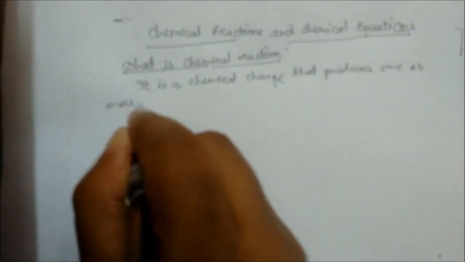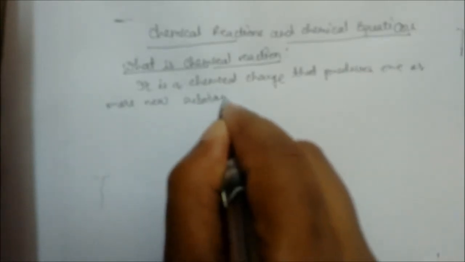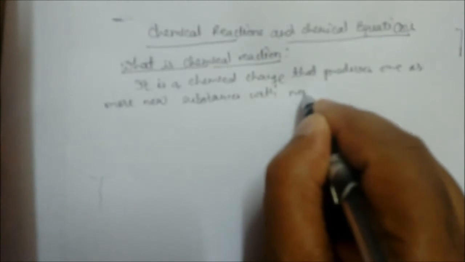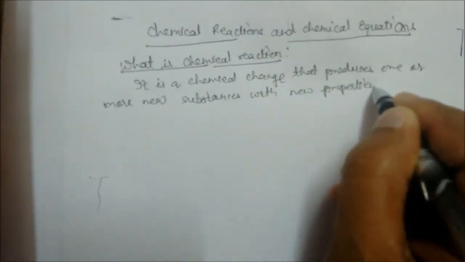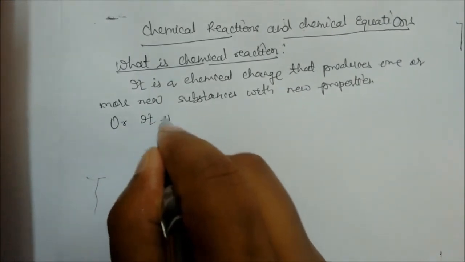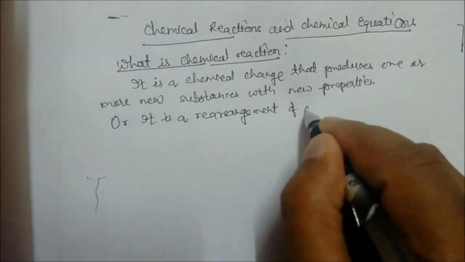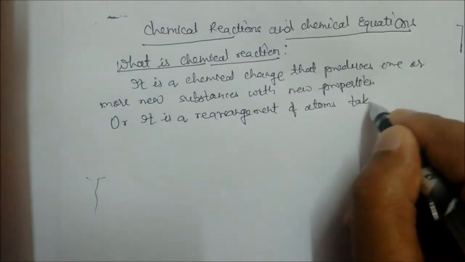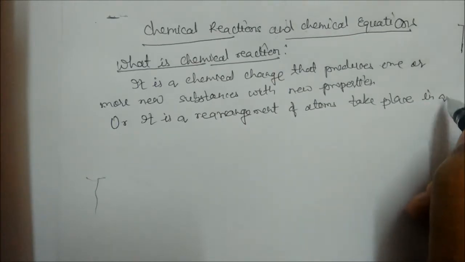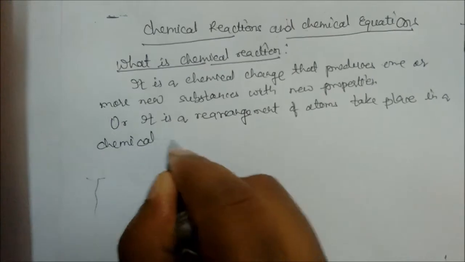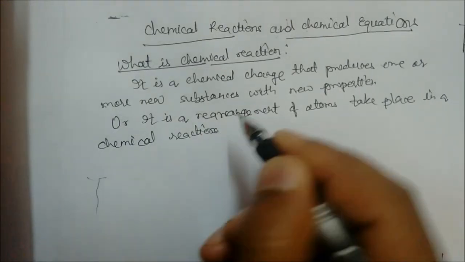It is a chemical change that produces one or more new substances with new properties, or it is a rearrangement of atoms that takes place in a chemical reaction. So let us see one example.